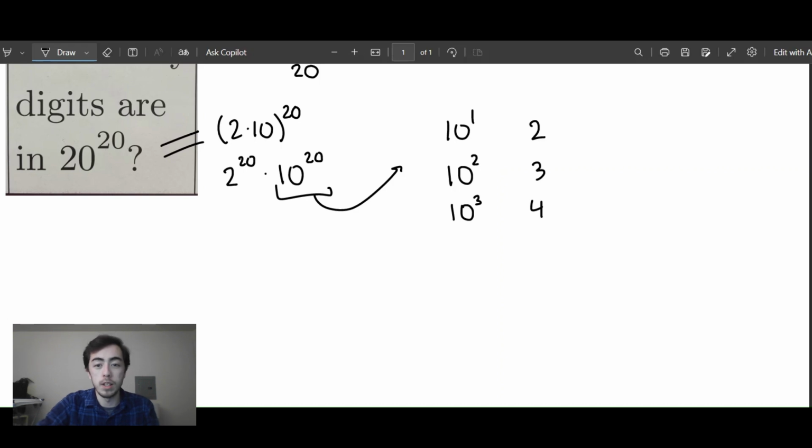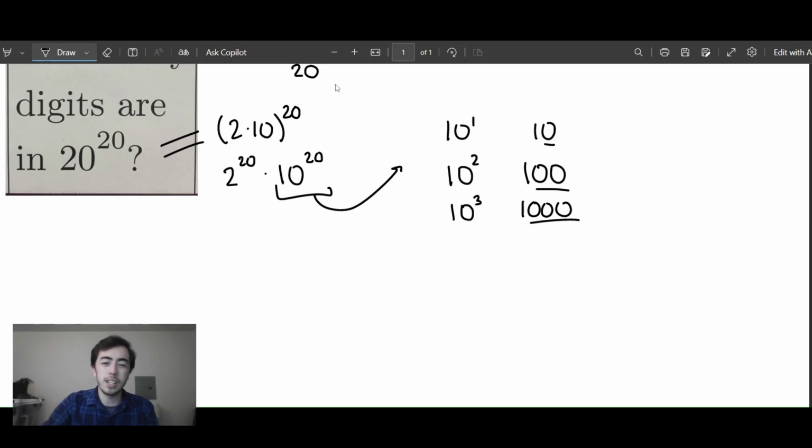Another way to think about it is that I have the same amount of trailing zeros as my exponent here. So, 10 to the power of 1 is still 10. 10 squared is 100. I have 2 trailing zeros. And then 10 cubed is 1,000, and I have 3 trailing zeros.